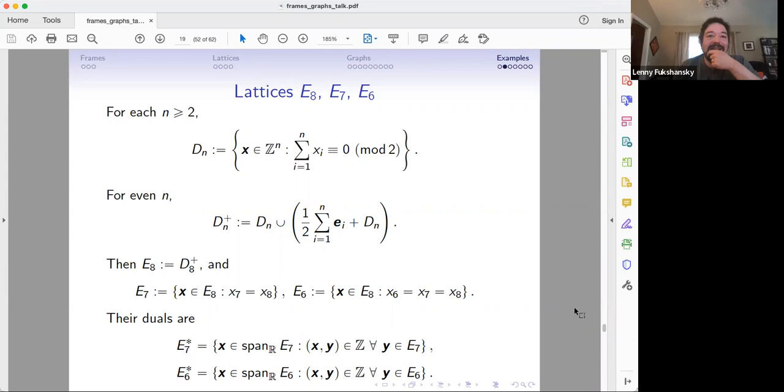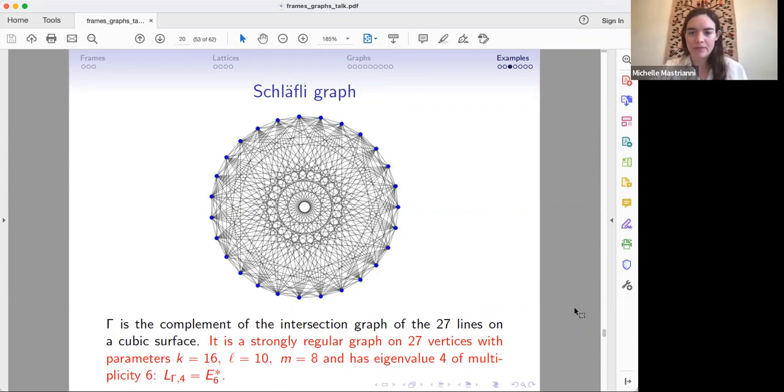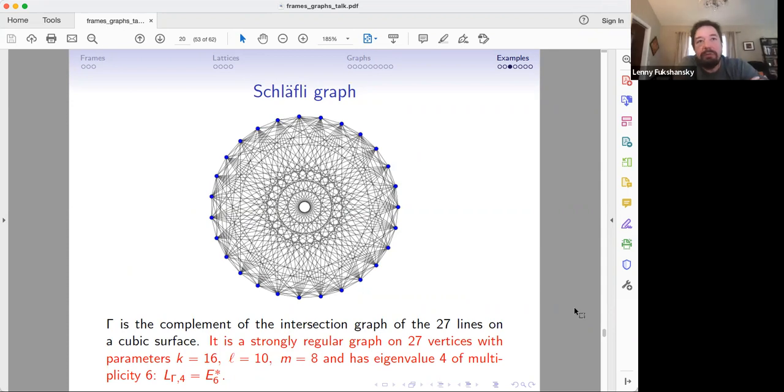Sorry, thanks. Okay, so here's the Schläfli graph. All the pictures are stolen from Wikipedia. I can't do my own pictures. It's essentially the complement of the intersection graph of 27 lines on a cubic surface. This graph has eigenvalue 4 of multiplicity 6, and the lattice it produces is E6 star.